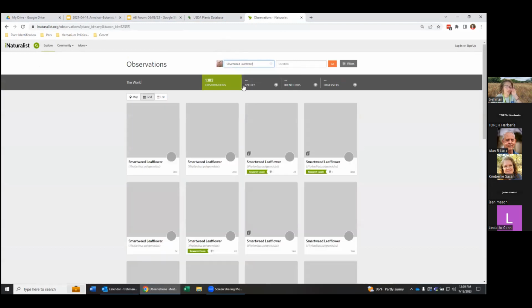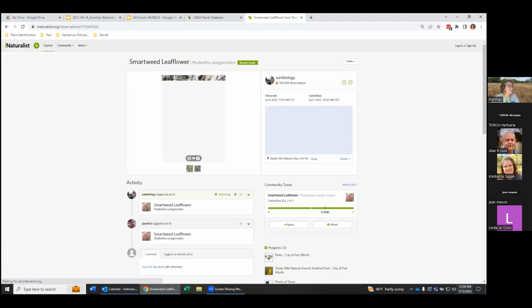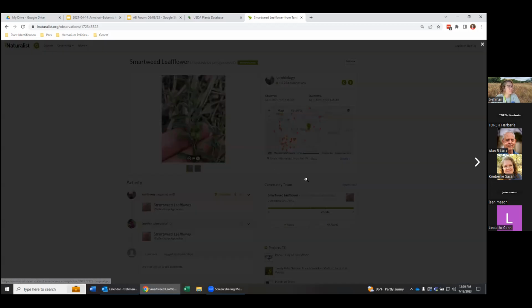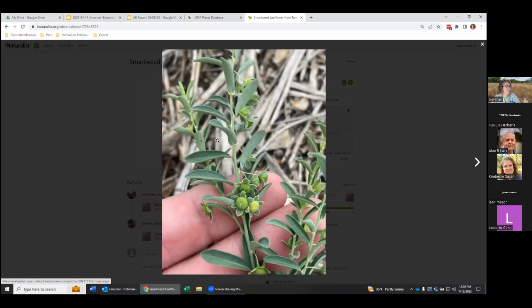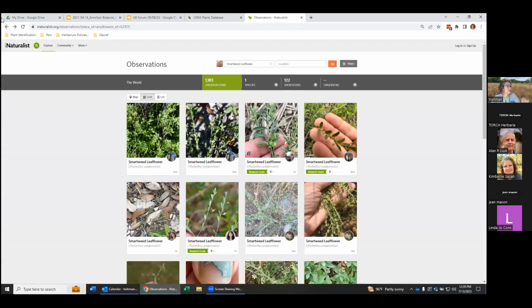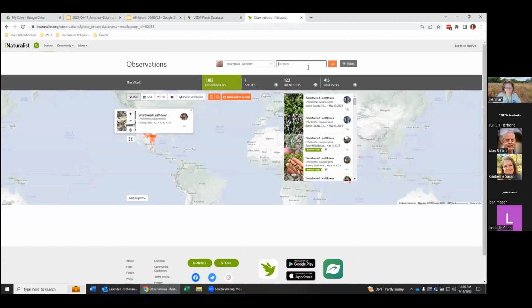Oh, and actually, y'all might want to see what it looks like, since this is a little plant we're talking about. This is one of Sam Kieschnick's observations. So this is the little plant, the smartweed that we're talking about right now. I'm going to back out, so let's go back to the map view. And I'm going to put in Denton County, Texas.